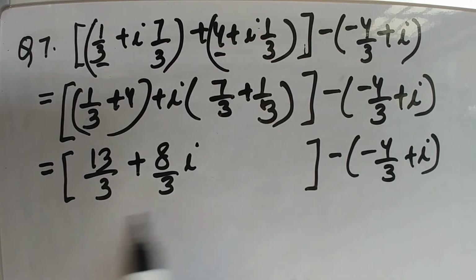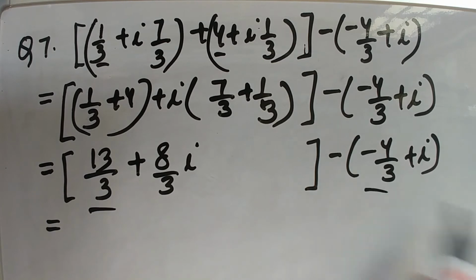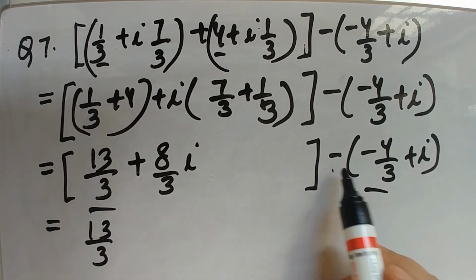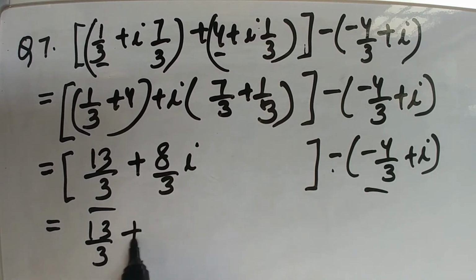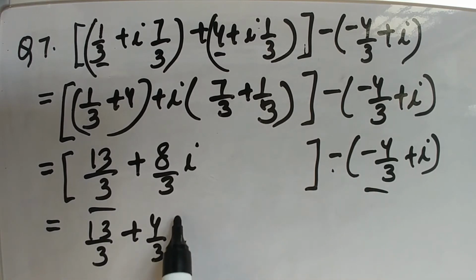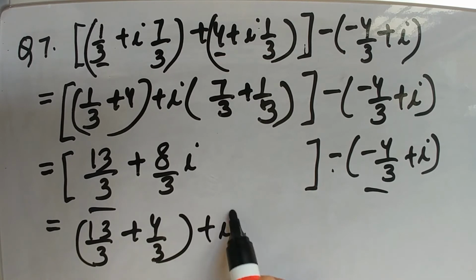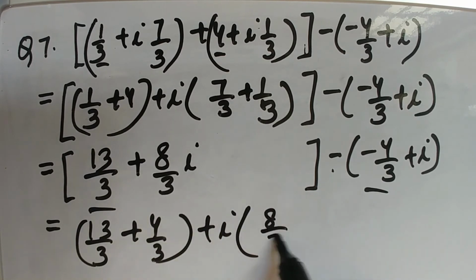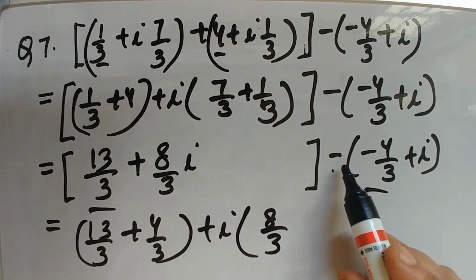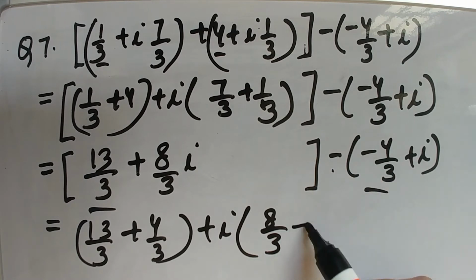Now I need to bring them together. So again, this is real part and this is its real part. So it is 13 by 3 and minus, that is plus 4 by 3. Okay. Plus iota, this is 8 by 3 and it is, see, minus minus. So it is minus 1. Okay.